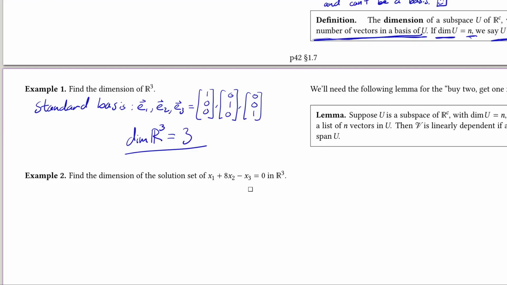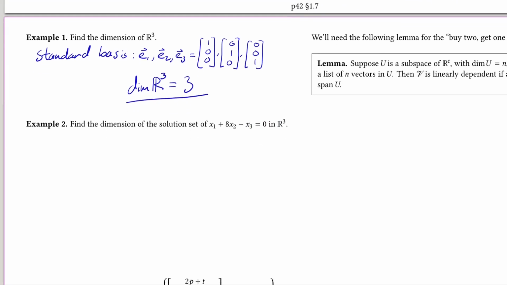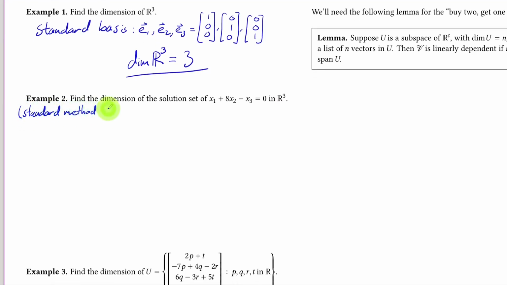To do that, we're going to use the standard method from section 1.4 for writing the solution set of a homogeneous equation as the span of some vectors, which is to write the augmented matrix for this and get it into reduced echelon form.